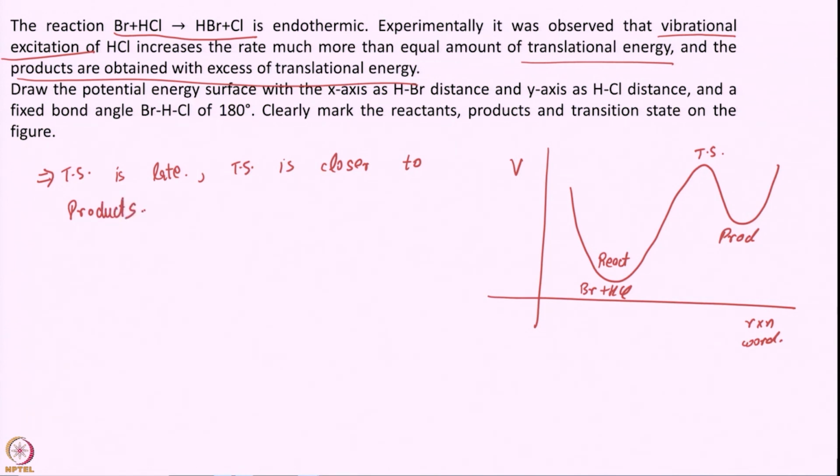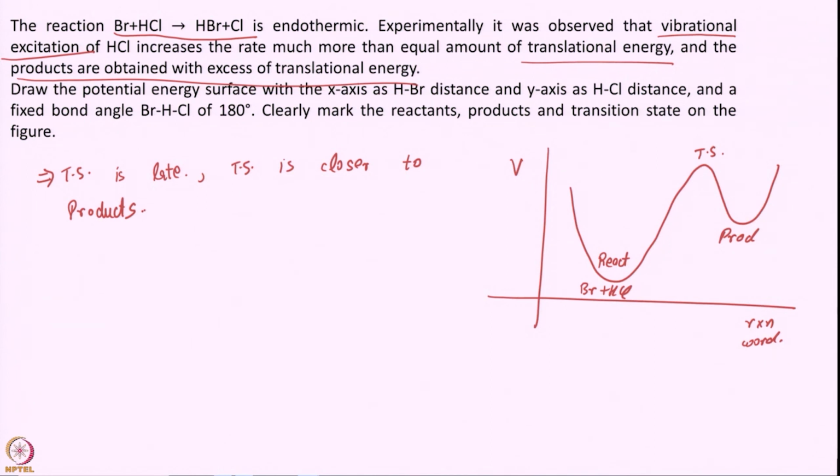That is what we had discussed earlier, so you can go back to that module and relook at it. If vibrational energy is more conducive, that implies the transition state is much closer to the product side.